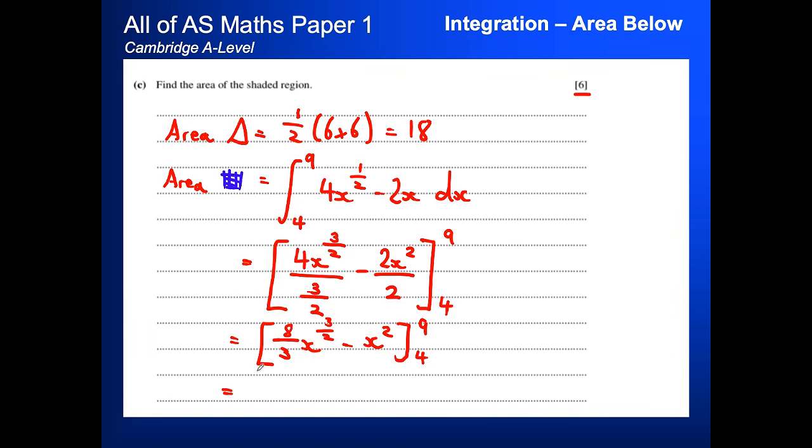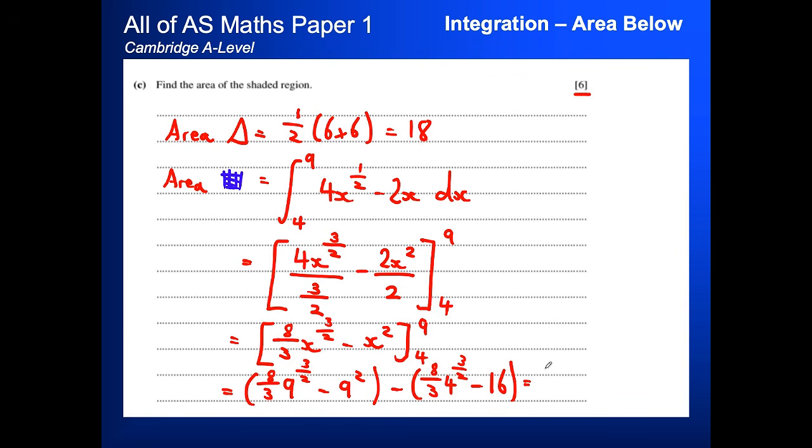You'll see what I mean as we go through. So we're going to do 8 over 3, 9 to the power of 3 over 2 minus 9 squared, minus, and now we do exactly the same process, just put 4 in instead, so 8 over 3, 4 to the power of 3 over 2 minus 16.